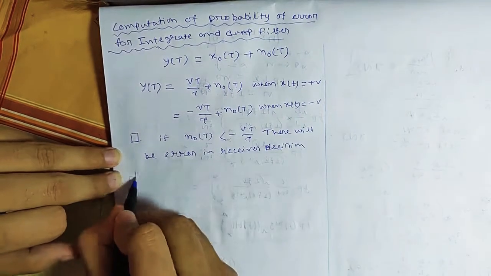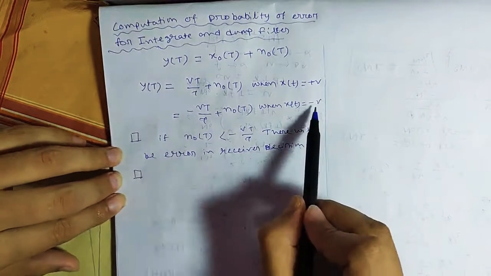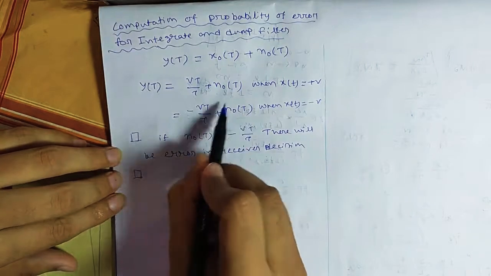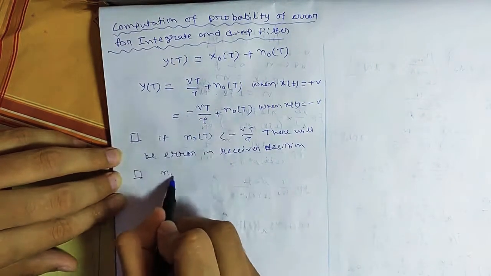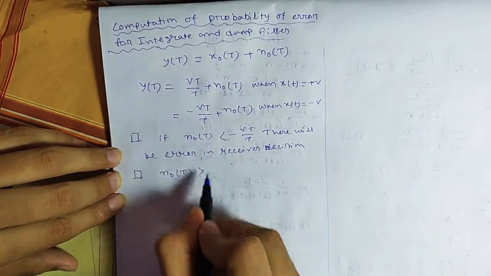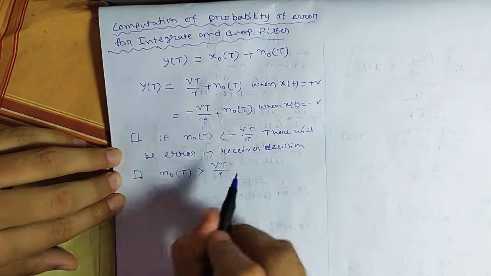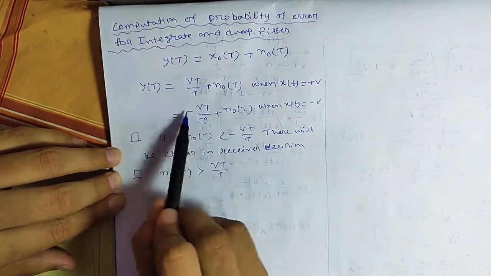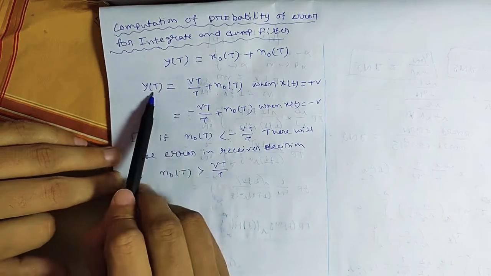In the second case, the transmitted pulse is minus V and n0(t) is positive. If n0(t) is greater than Vt by tau, then this summation will be positive. As a result, y(t) will be positive.